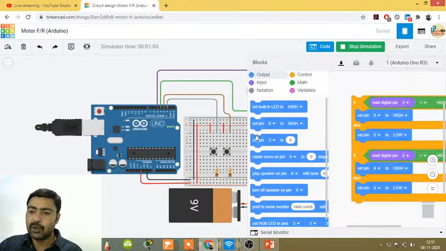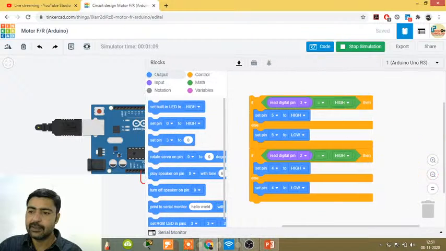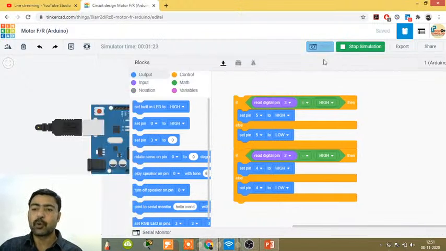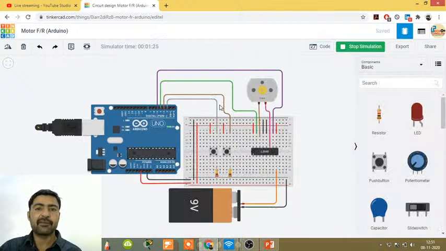If we check the code, what we are doing is reading pin number 3. If it is high, set pin 5 high. What are the 2 output pins? 4 and 5.